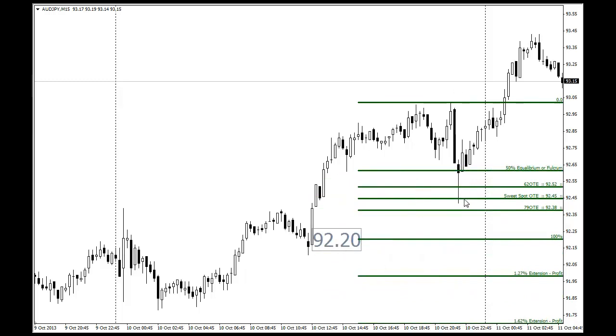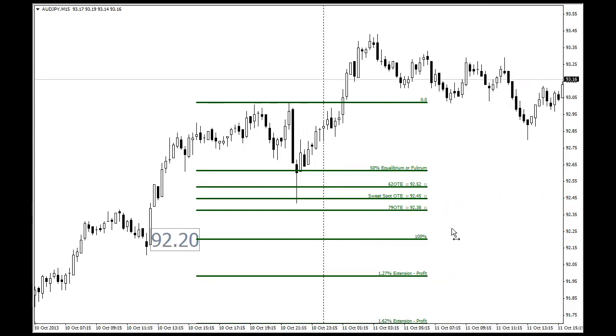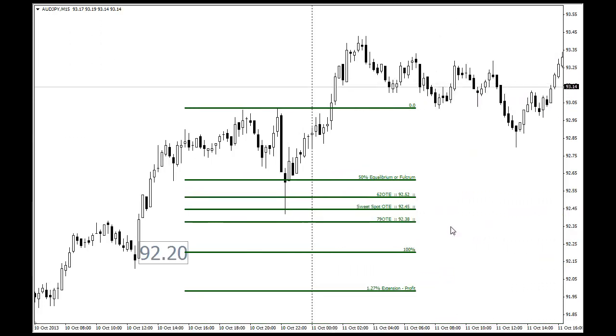Price trades right to what level? The sweet spot. Boom. And rallies up. So both are ideally suggesting that's a buy area anywhere between that 92.45 and 92.40 level. So add your spread to it and that'd be an entry point. And then price begins to move on up.